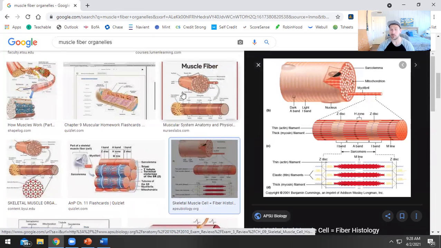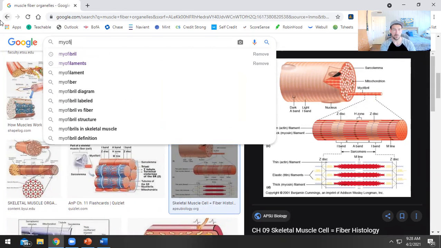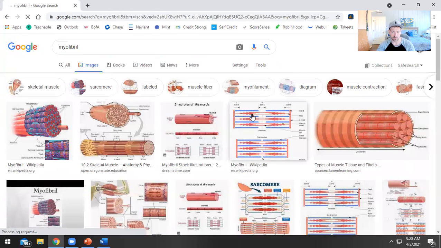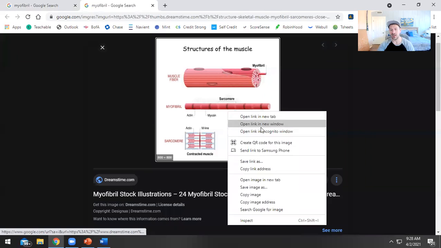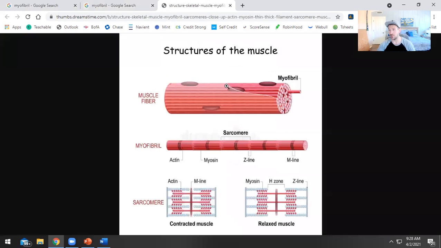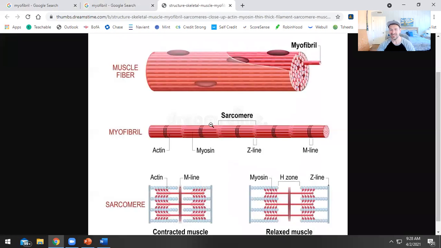But what a myofibril is, see if I can get a better picture. Yeah, there we go. It looks like this. It's this rod that looks like what you think a muscle cell would look like. So there's your cell itself, and it's got so many little tiny rods running all the way through it. That's what a myofibril is.